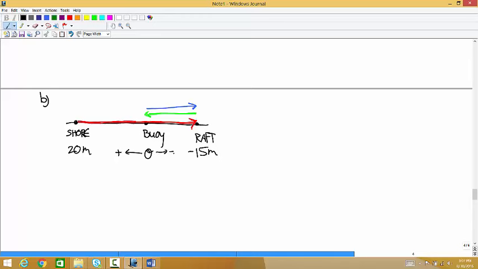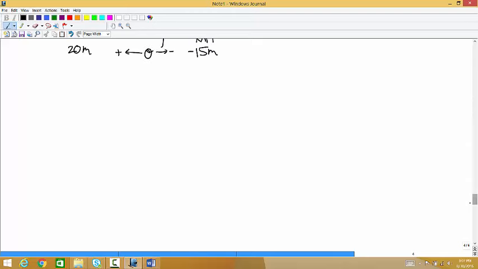And so now, even though the motion is the same, numerically the swimmer starts at positive 20, swims to minus 15, swims back to 0, and then swims back to minus 15 again. To put this on a position versus time graph, here's the position.